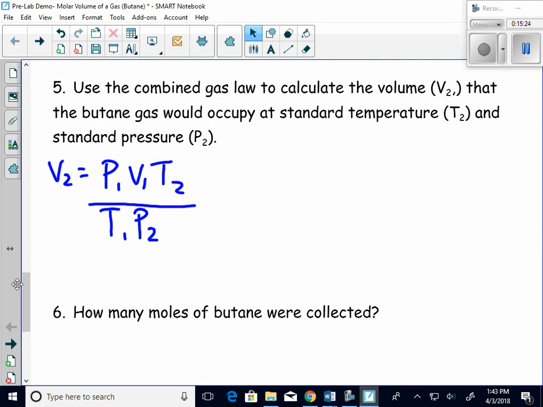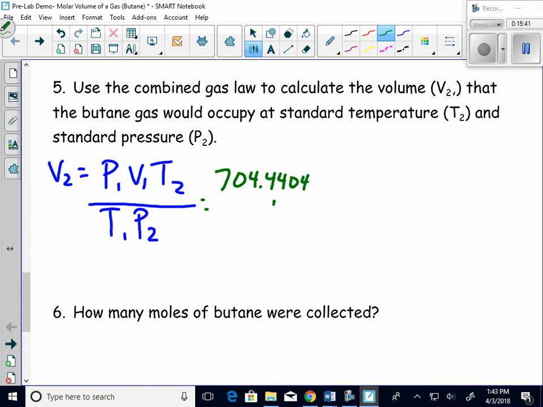Now, all I'm simply going to do is fill in values. I just calculated the pressure, and P1 was 704.4404 millimeters of mercury.